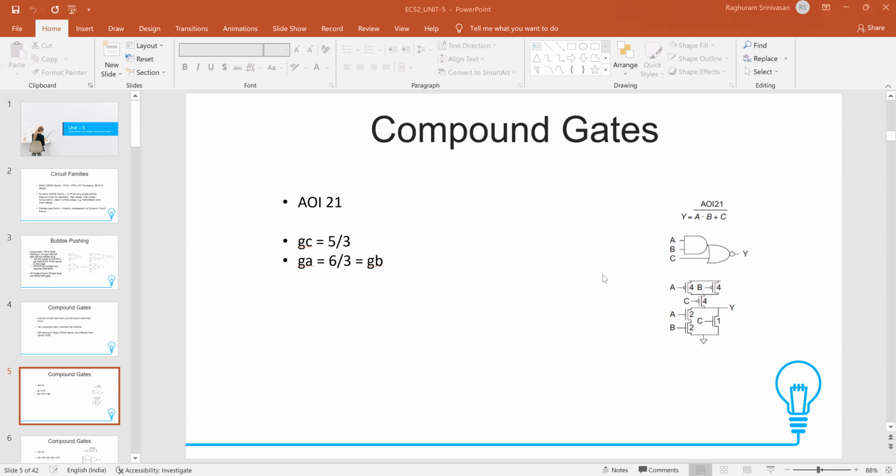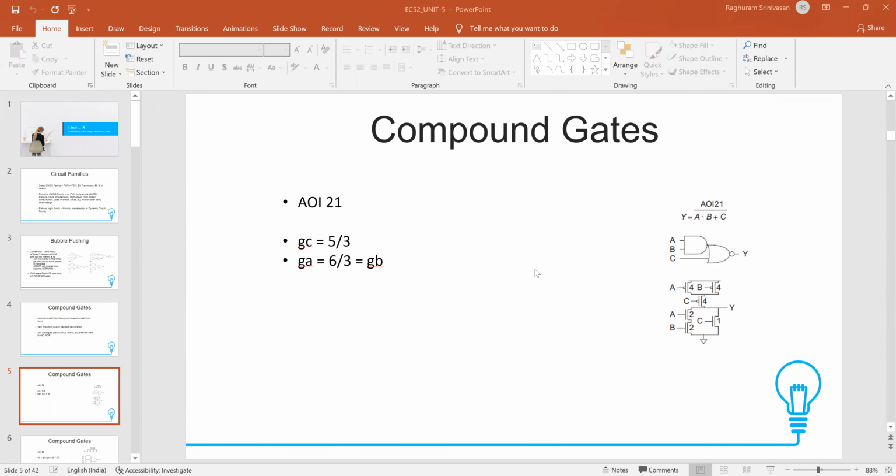The total input capacitance is 4 plus 2, 6. And the equivalent inverter's input capacitance is 3. So the logical effort of A is 6 by 3. Same for B, 4 and 2, so that is also 6 by 3. But C is connected to a total input capacitance of 4 plus 1 equal to 5, not 6.